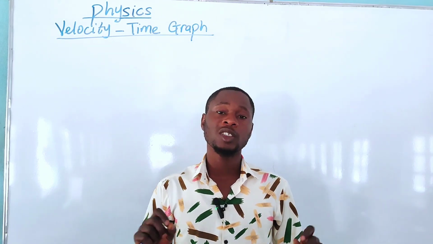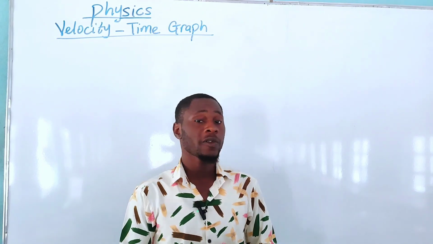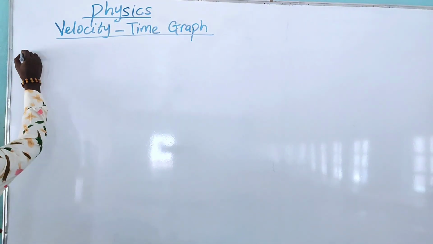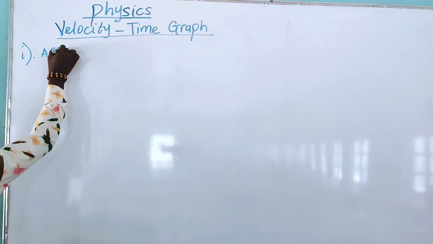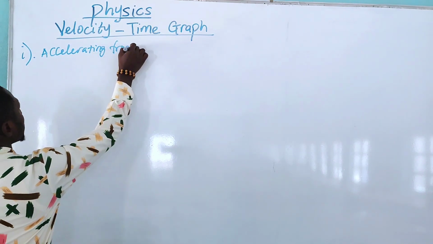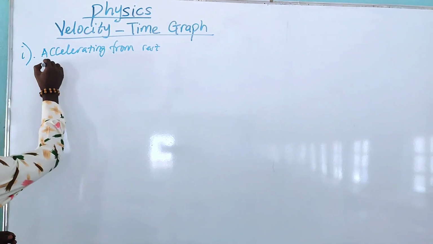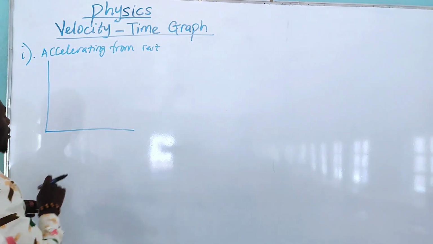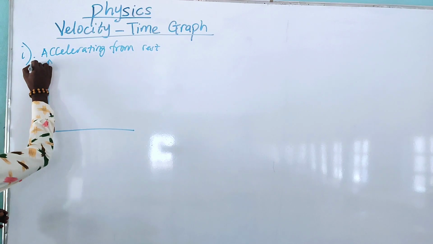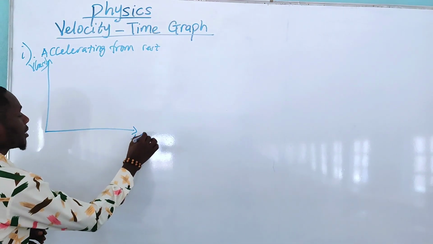Now, the first graph we're going to be looking at is when the body is accelerating from rest. So when the body is accelerating from rest, this is the format of the graph. This is a graph of velocity in meters per second against time in seconds.